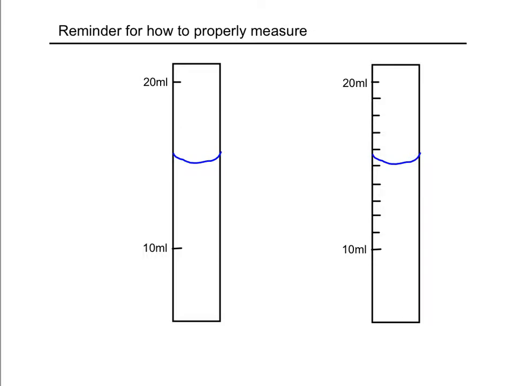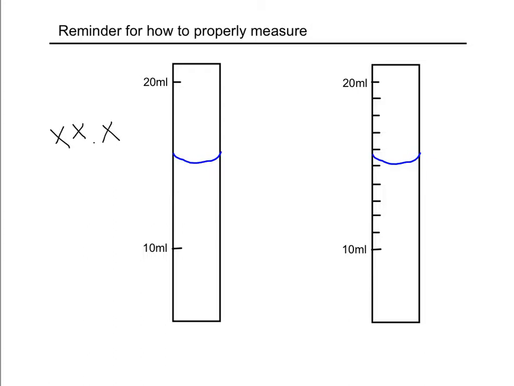So what you always want to do is find your smallest increment. On the left graduated cylinder, you will notice that our increments are increasing by tens. It's going from 10 milliliters up to 20 milliliters. Then we always want to estimate one place value further to the right.